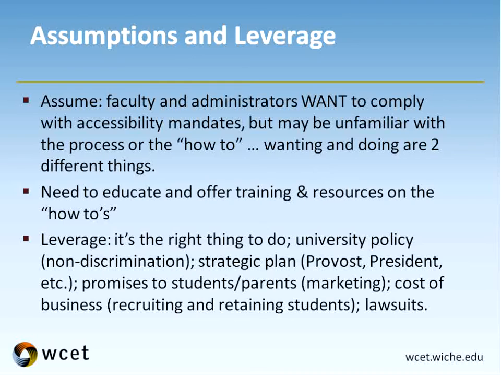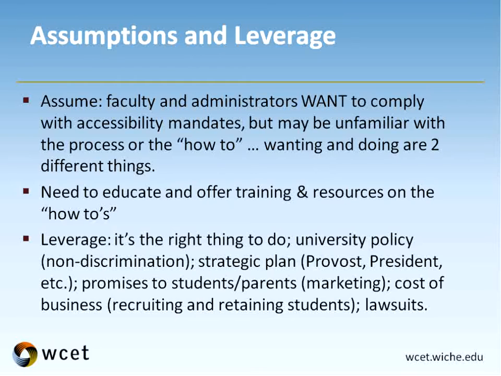There's a university policy, which I'm sure not all, if not most of you have, that we as a university don't discriminate and won't discriminate against people with disabilities. Both the provost and the president have their individual and combined strategic plans. So for instance, part of the provost's strategic plan is that we as a university will approach every issue and challenge and opportunity with the initial question of how will this help our students.